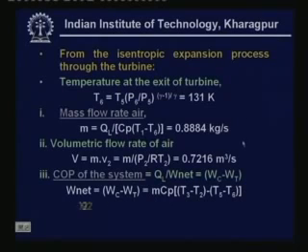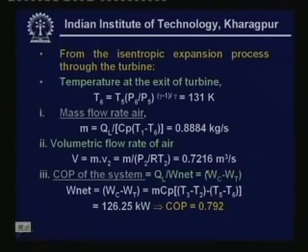All the temperatures are known to us. So if you substitute these values, you will find that net work input to the system is 126.25 kilowatt. Therefore the COP is QL divided by net work input, that is 100 divided by 126.25, that comes out to be 0.792.